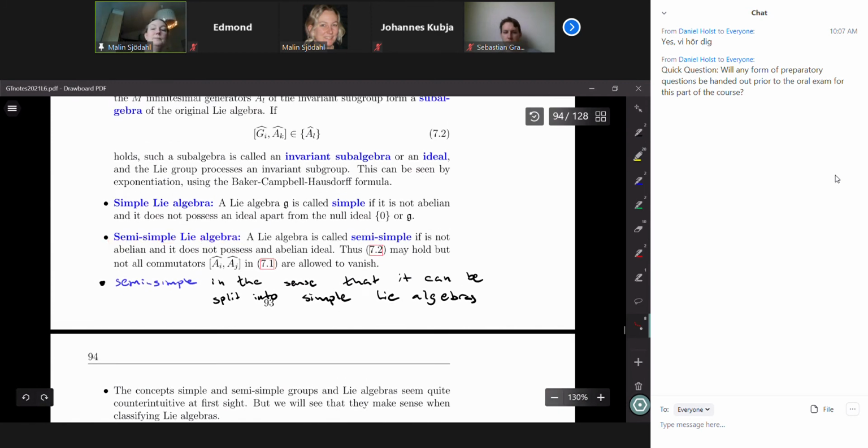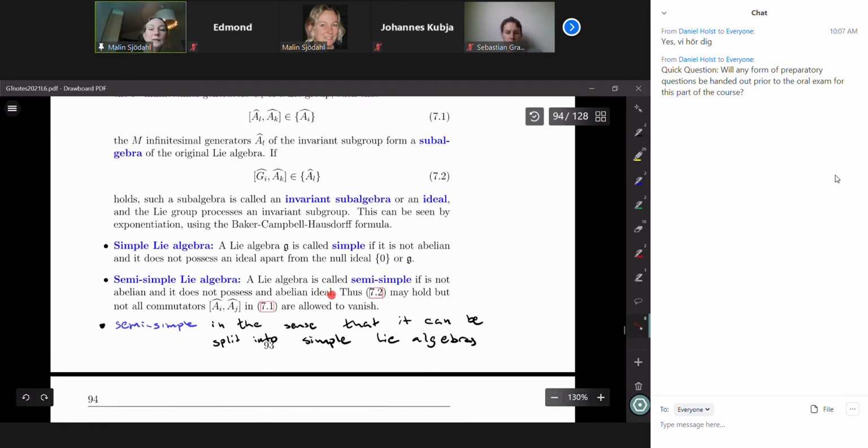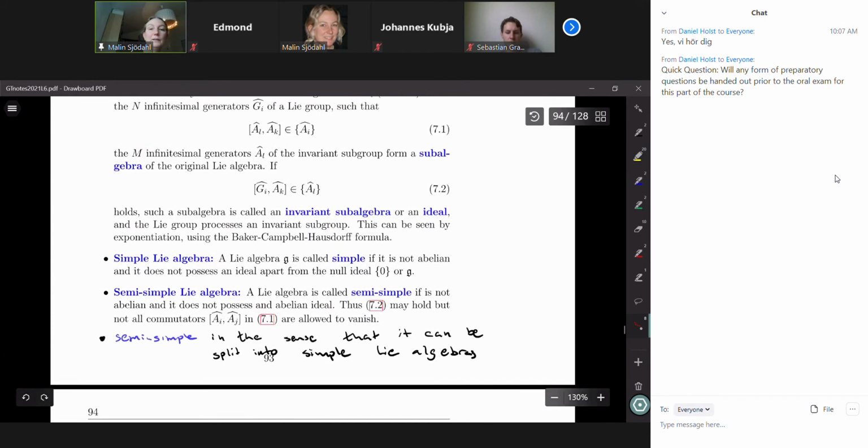A semi-simple Lie algebra is not abelian and it does not possess an abelian ideal. So it can be that the algebra can be split into invariant subalgebras that satisfy this as well as this, but it's not allowed to possess an abelian ideal. So not all commutators here are allowed to vanish.